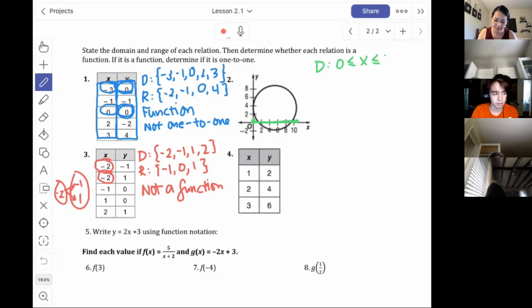All right. Now for the range, I'm going to scan along the y-axis. Okay, so I'm going to scan this way. Where do I have graph? And I have graph from this value all the way up to this value.